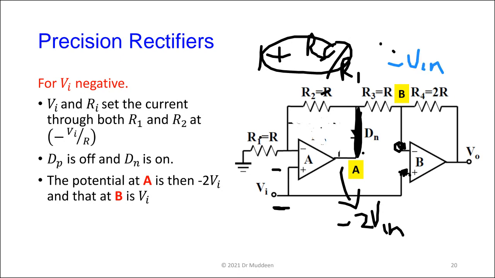Fair enough? Which is more positive, A or B? B is more positive. So now that the current is flowing inside of here, the current will have to go from the more positive to the negative. Now, normal current flows this way, so it means Vout has to be more positive than VB.